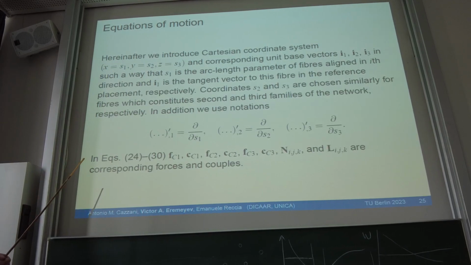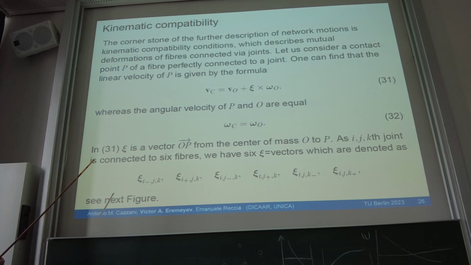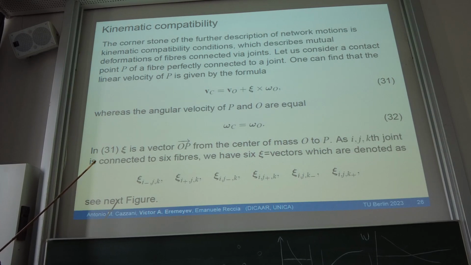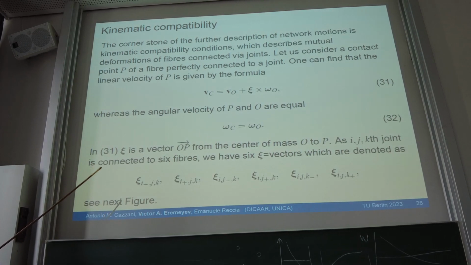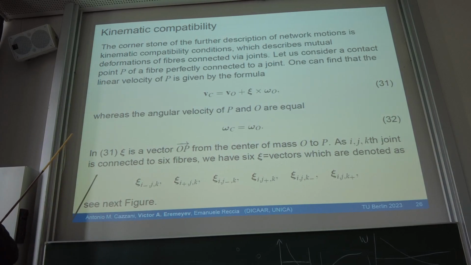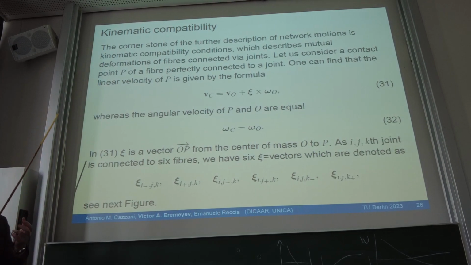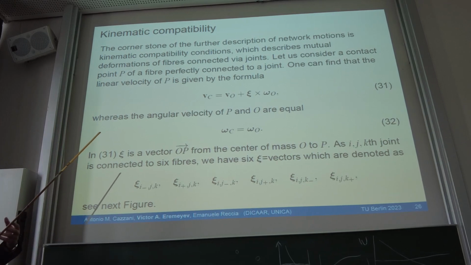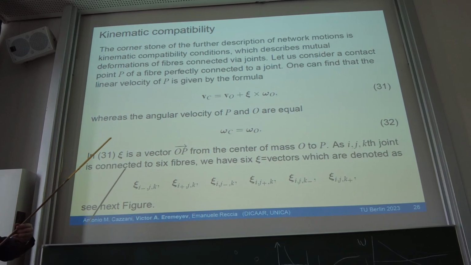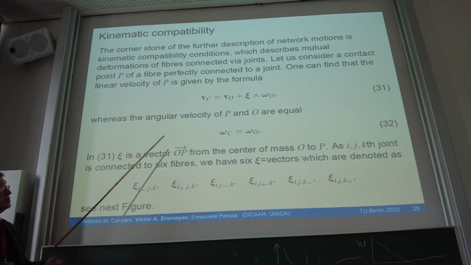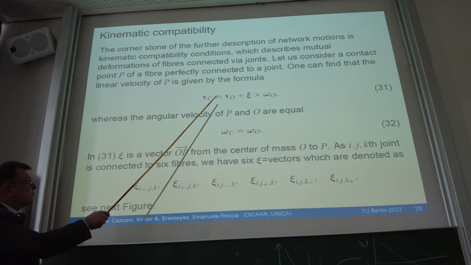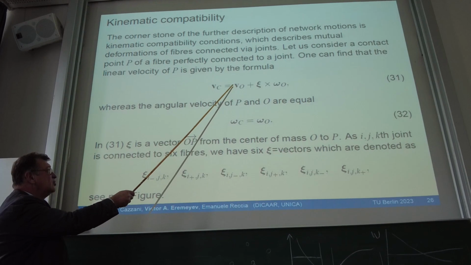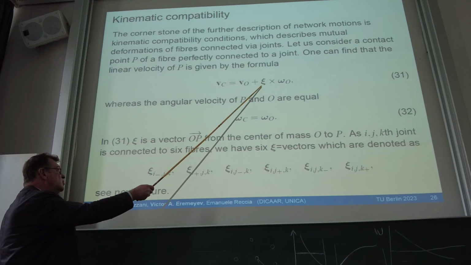We can write this equation of motion, and now an important point in this derivation is that we should find some connection, a kinematic compatibility, between the points of our Cosserat curves and the motion of our rigid bodies.